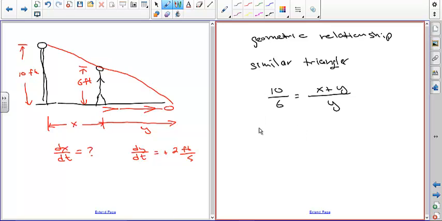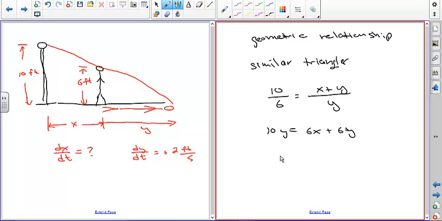So that's the result. So we could multiply it out. 10y is equal to 6x plus 6y.